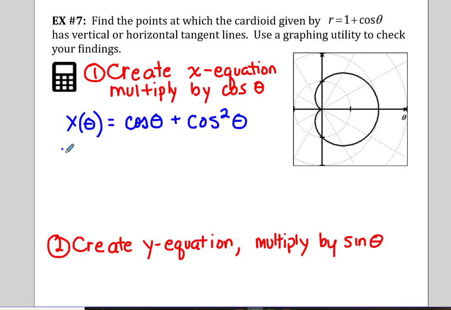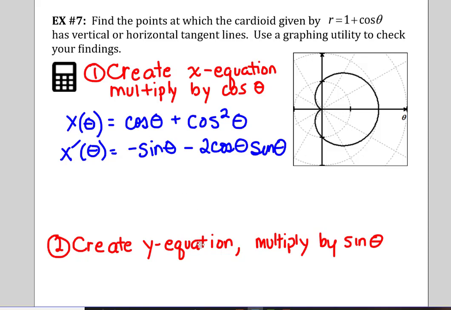And then we want to take the derivative based off of our information on the last chart. So that's going to be negative sine theta minus 2 cosine theta with the chain rule, sine theta. And we have our two pieces for that.